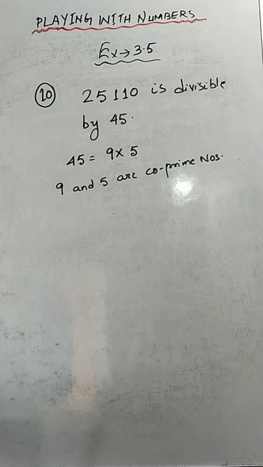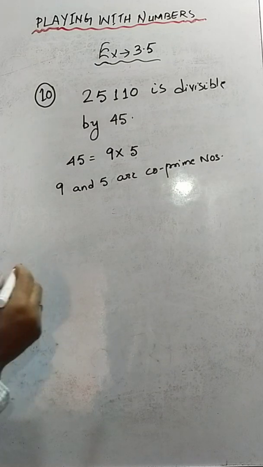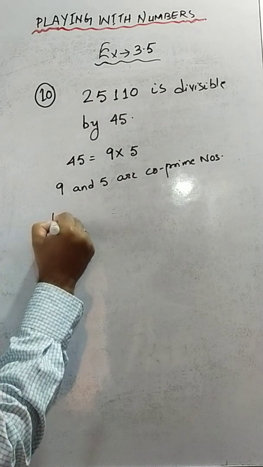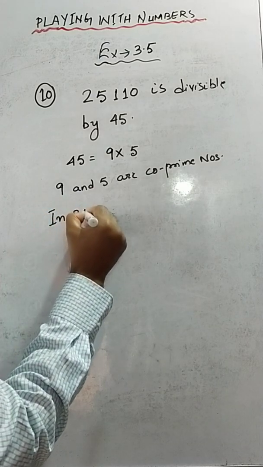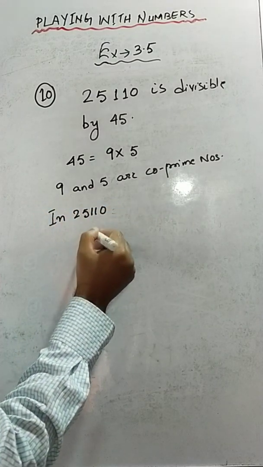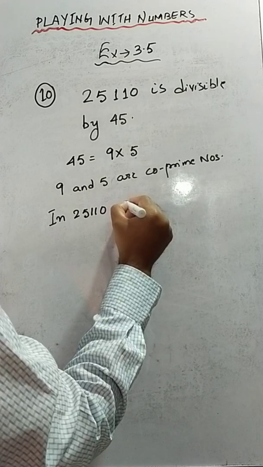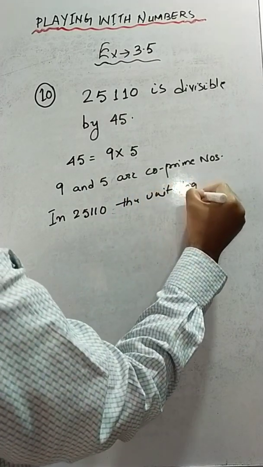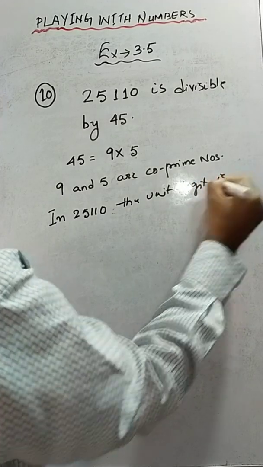So now let's check whether this number is divisible by 5 or not. According to the divisibility rule of 5, in 25110 the unit digit is what? 0.